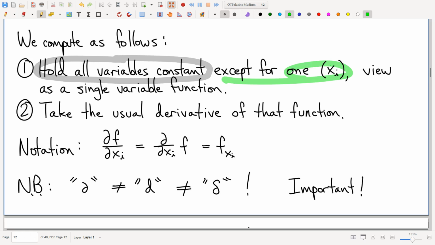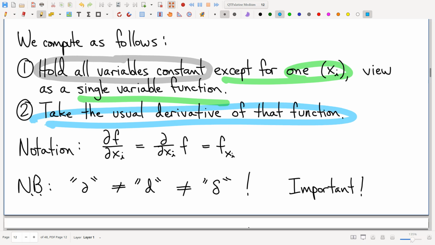One of them, of course, we do have to leave as being a variable. Otherwise, there's nothing interesting to happen. So we're going to take a multivariable function and effectively turn it into a single variable function by viewing it as only one of those variables is actually going to behave as a variable. And so now that you've got a single variable function, we know how to take derivatives of single variable functions. So just do it.